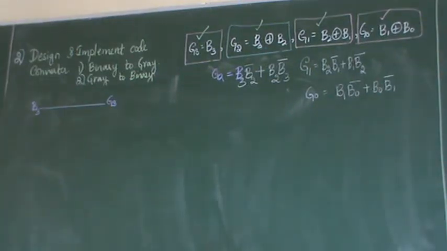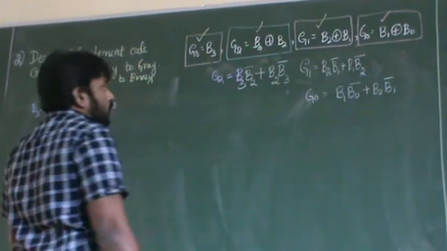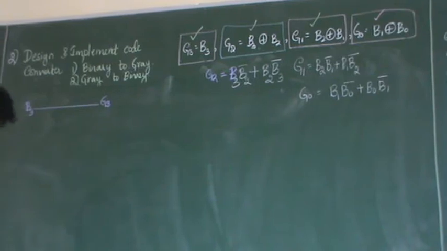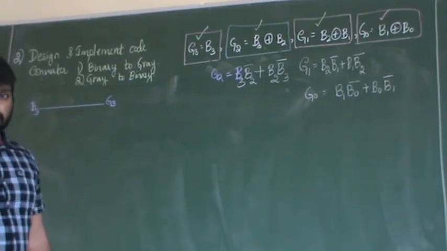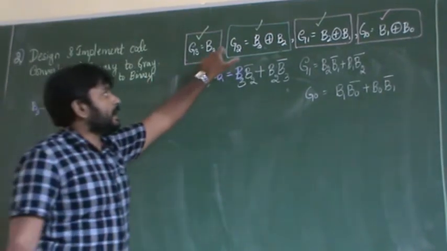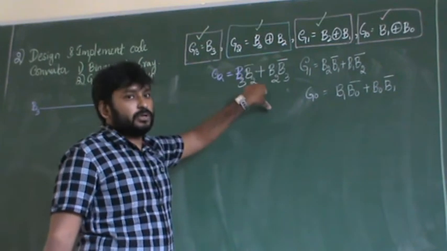Because you have to design this particular circuit by making use of only AOI logic, that is AND, OR and NOT. You should not use the XOR gates or XNOR gates.